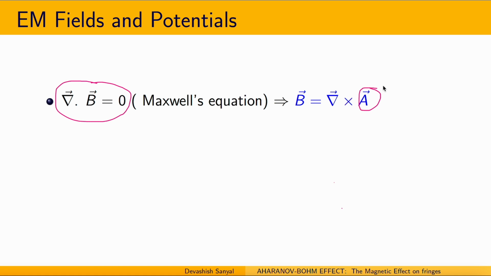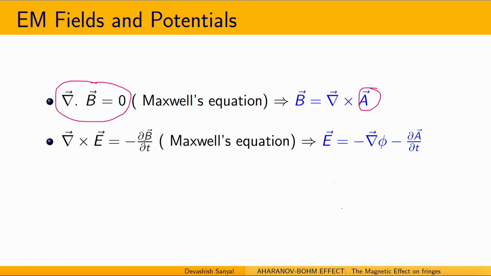It is called the magnetic vector potential in electrodynamics. This is important, and this is what we are going to deal with. Instead of B, we are going to deal with A. So this is one of the Maxwell's equations. This is another Maxwell's equation, that is curl of E is equal to minus del B by del t.